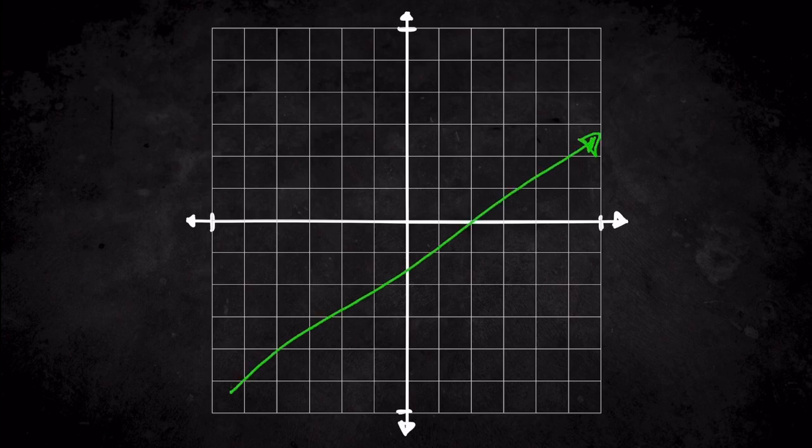Each line individually has an infinite amount of solutions. But for the system of linear equations, which is what these two are, there's only one solution, and that is where the lines intersect, which is right here.